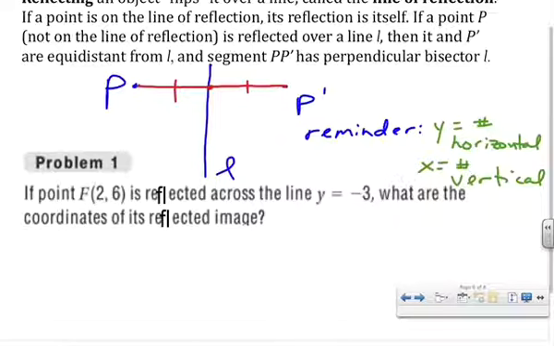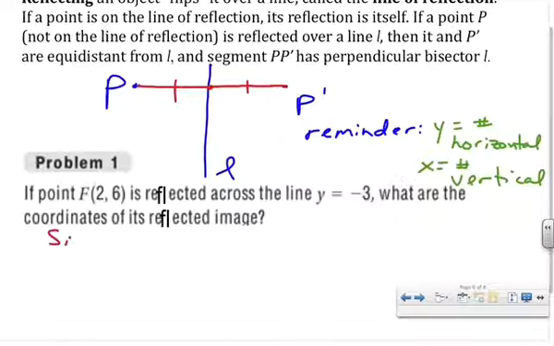If I'm flipping it up or down, which coordinate is staying the same? Oh, the x. Because am I changing horizontally, which is your x coordinate? No, I'm not changing horizontally at all.